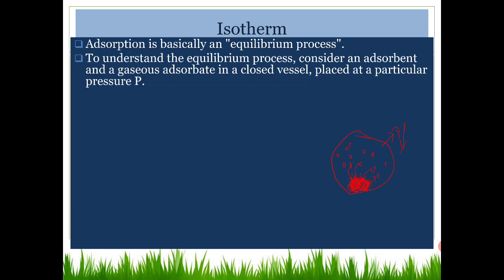At some particular point, the amount of gaseous molecules getting adsorbed on the surface of the adsorbent and the gaseous molecules which are desorbed, both will be constant. That's how we call it equilibrium. These two processes are happening: adsorption on the surface, desorption away from the surface.